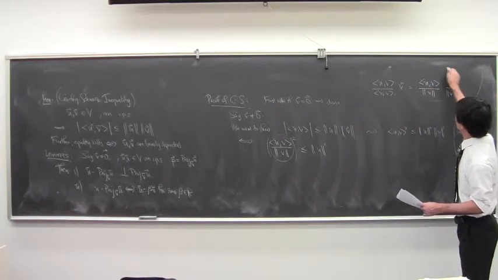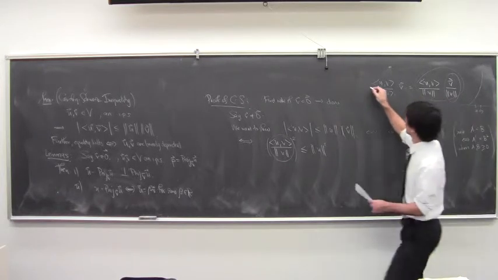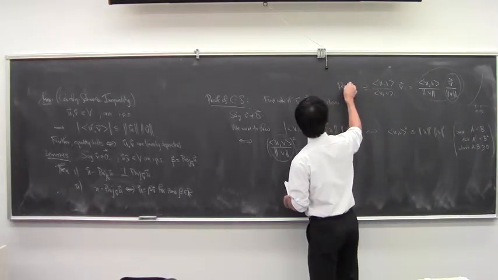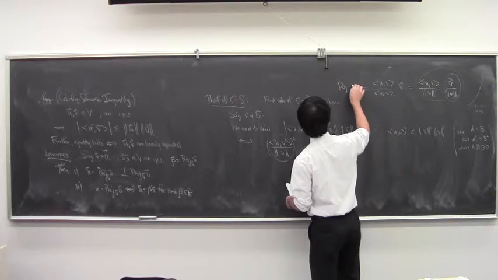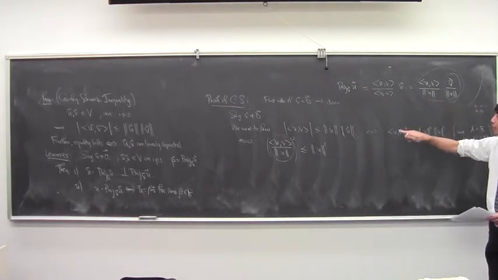So the magnitude of the projection, where this is a unit vector right here, the magnitude of the projection of u onto v, squared, is that thing there.